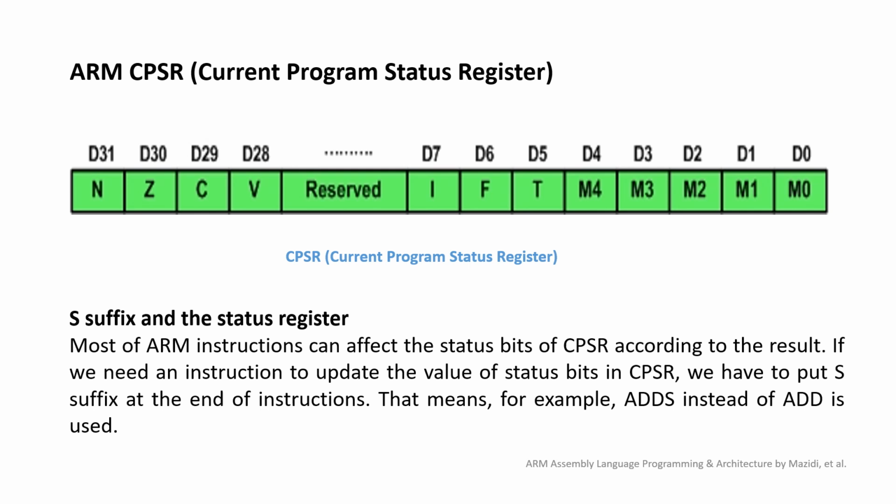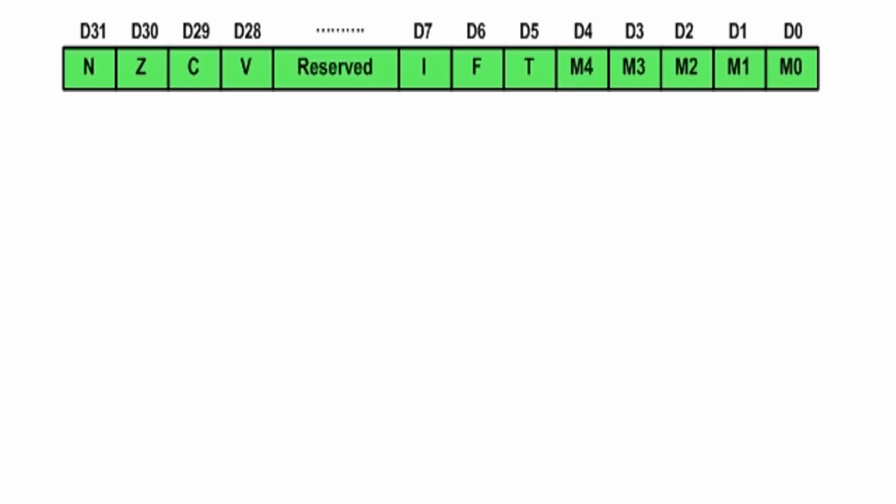To specify that the current instruction should modify the condition flags, you have to add an S to the end of the instruction. Most ARM instructions can affect the status bits of CPSR according to the result. If we need an instruction to update the status bits in CPSR, we have to put the S suffix at the end of the instruction.